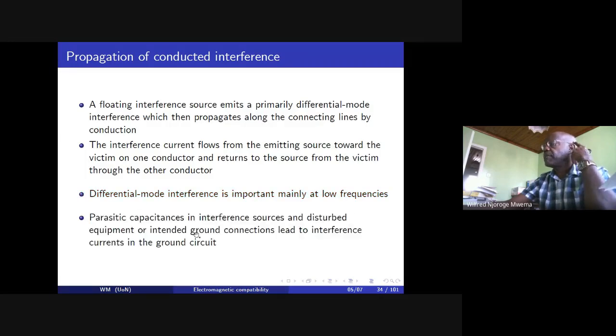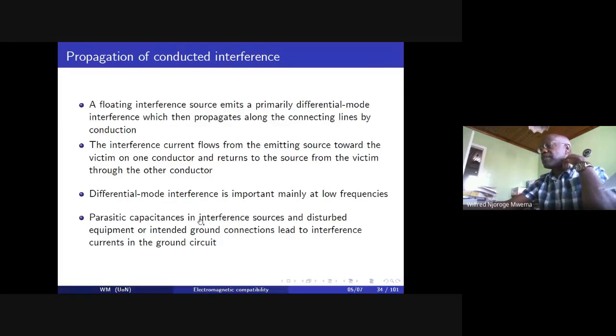So parasitic capacitances in interference sources and the disturbed equipment or intended ground connections will lead to interference currents also in the ground circuit. Because we know that no ground circuit is going to be perfect, we have resistors in the ground itself.